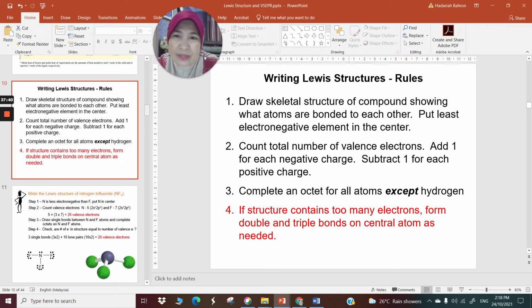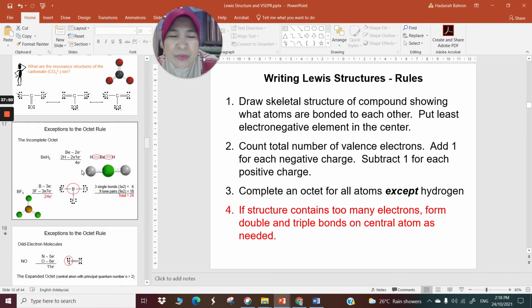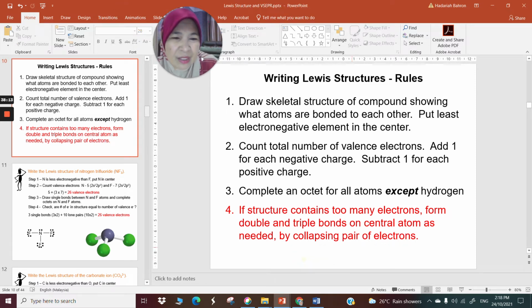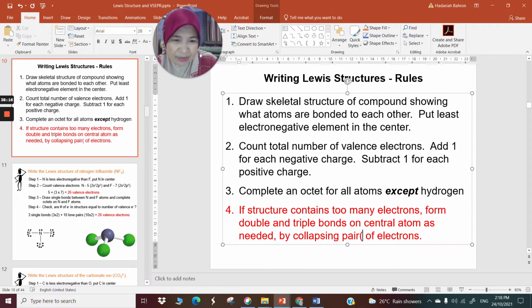If the structure contains too many electrons, as in the case of the CO3 2- that you draw, you need to form double and triple bonds by collapsing a pair of electrons. So what do I mean by collapsing pair or pairs of electrons? Let me show you how.